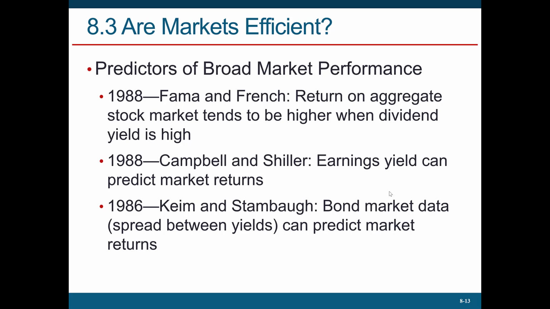So again, dividend yield is dividend over stock price, earnings yield is earnings over stock price. And some bond market variables, default risks, and term spreads have been shown to predict future performance. All right. So these are predictors of broad market performance. Momentum and reversals are at the individual stock level. This one is for the aggregate market, like if you are looking to predict the performance of the S&P 500 and so on.